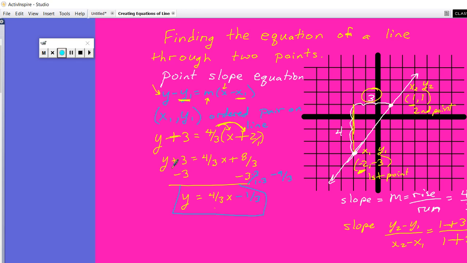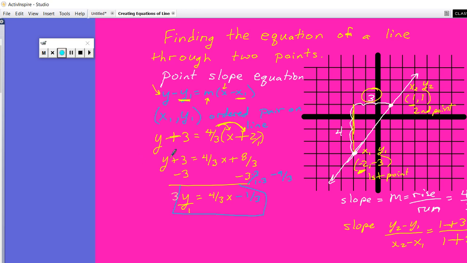If you're asked to put it into standard form, standard form means there are no fractions. So I find the least common denominator between 1 and 3, which is 3, and I multiply that to every piece.